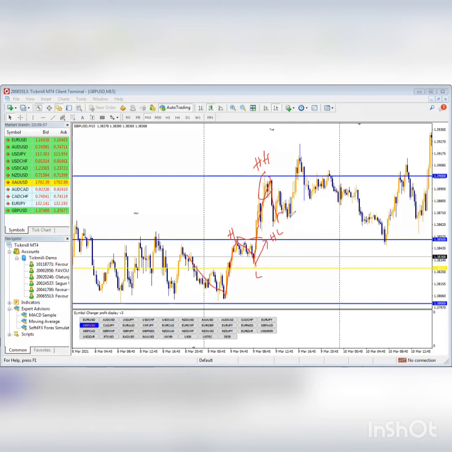Now it consolidated again and it gave us a what? A high that is higher than this previous high. So it's a higher high. Then it came down again, gave us a low that is higher than this previous low, a higher low.